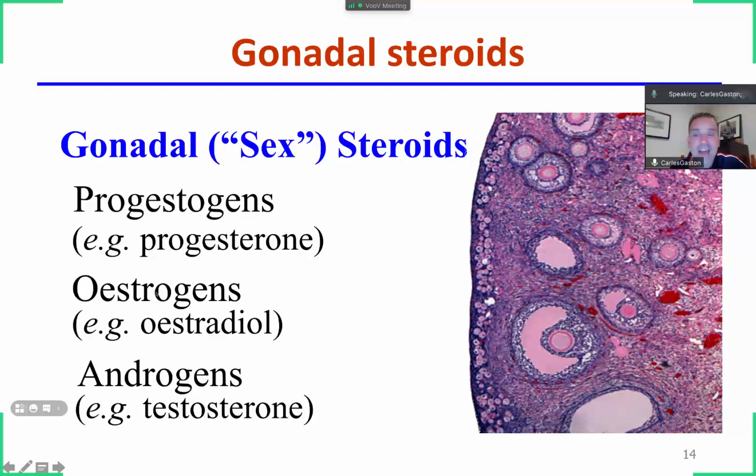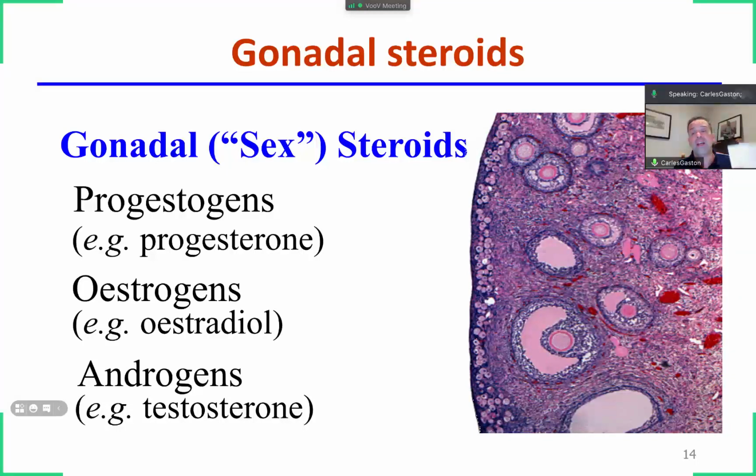Now we will study a specific role of progestogens, estrogens, and androgens at the end of the endocrine module, where we have a whole session on reproductive biology. We will study the formation of the gonads.